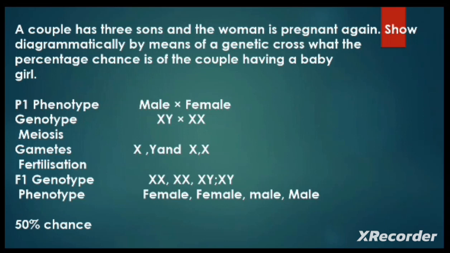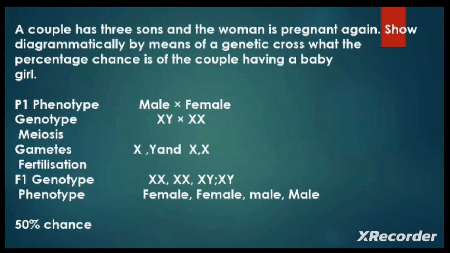So what you're going to do, you're going to write the sequence P1, and then after P1 you write phenotype, under phenotype you write genotype, under genotype you write meiosis, under meiosis you write gametes, under gametes you write fertilization, under fertilization you write F1, and then you write genotype and then phenotype.